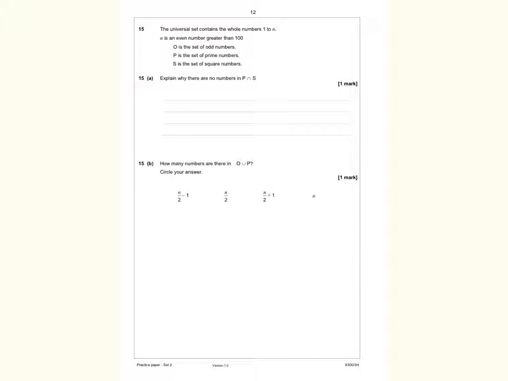So square numbers that are greater than 1 have at least three factors, and 1 has only one factor.